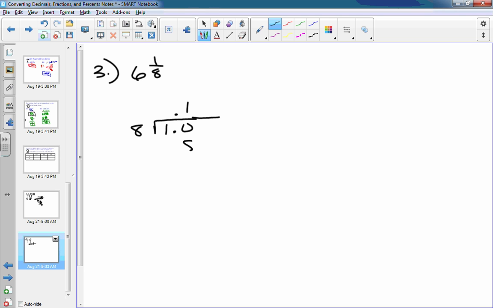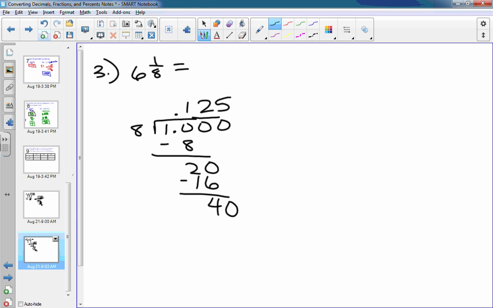Once. So that's going to give me the 8. 10 take away 8 is going to be a 2. Bring down a 0. How many times does 8 go into 20? Twice. That's going to give me 16. That's a 4. Drop down a 0. How many times does 8 go into 40? 5. So now, what is the decimal equivalent of 6 1/8?